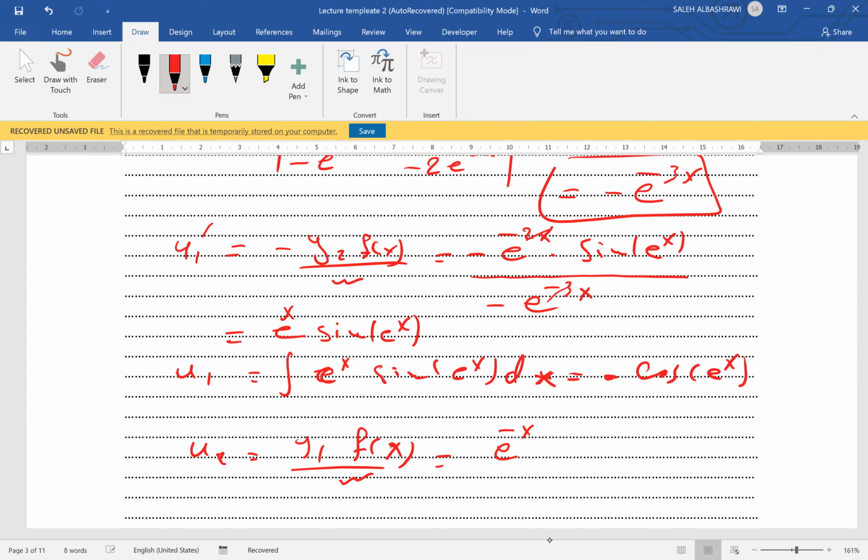So the particular solution now, yp, is equal to u1 y1 plus u2 y2.